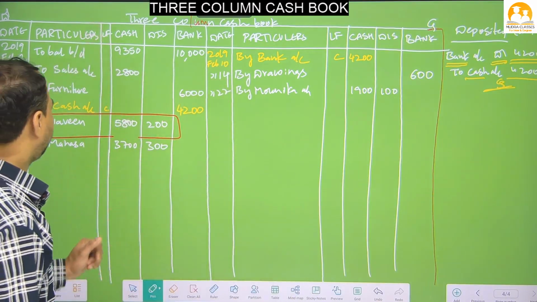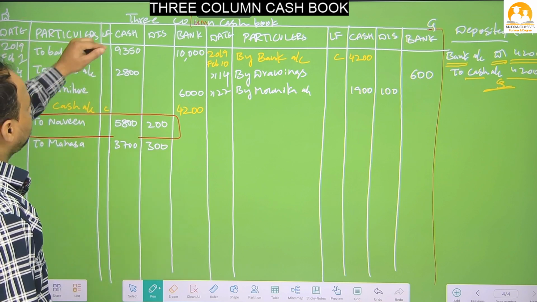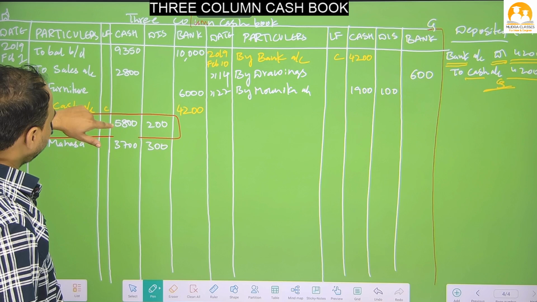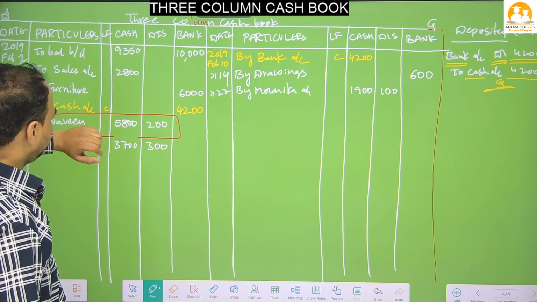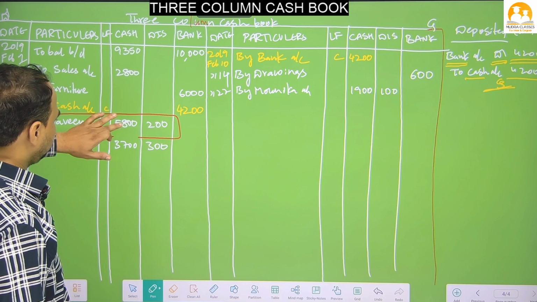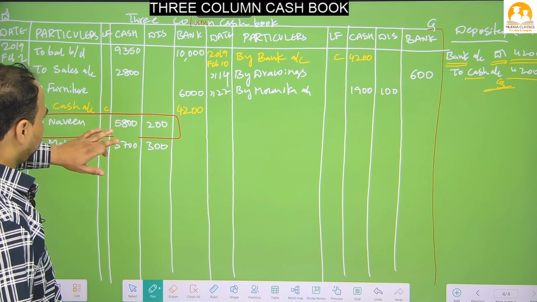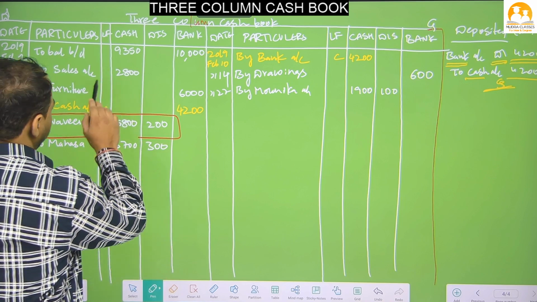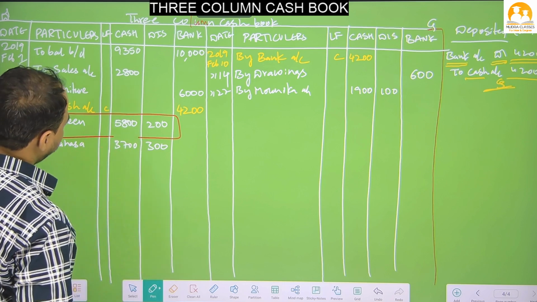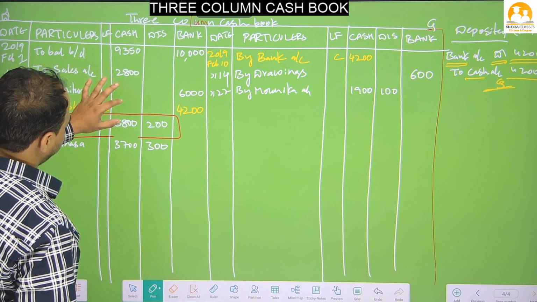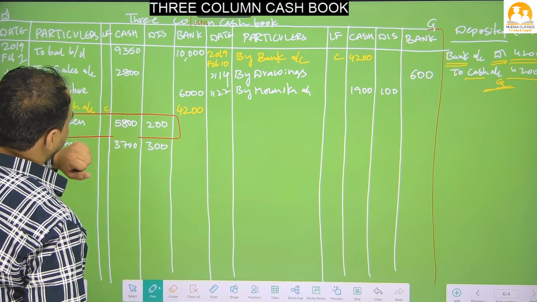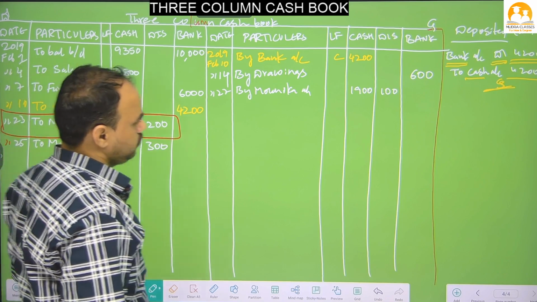First of all, total the debit side. 9,000, 11,000, 16,000, 19,000, 20,600, 21,300, 21,650.